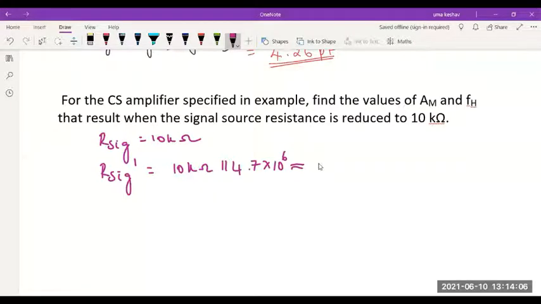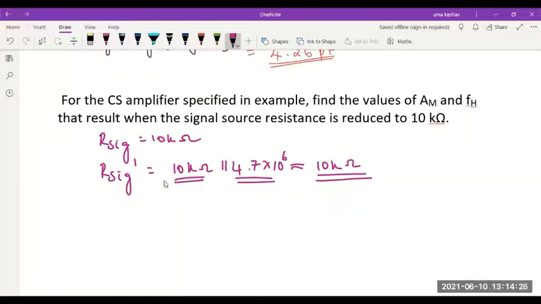How much would it be? I think you'll almost get it as 10K only. You need not even find out. See, this 10K is very, very small when compared to 4.7 mega. So this whole thing will almost reduce to 10K itself, RSig dash.